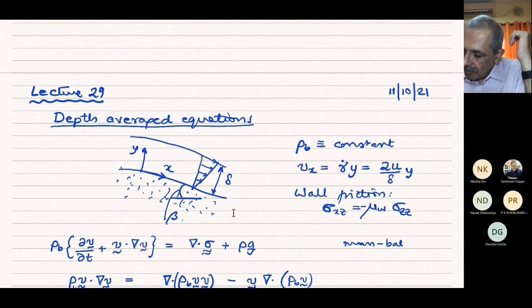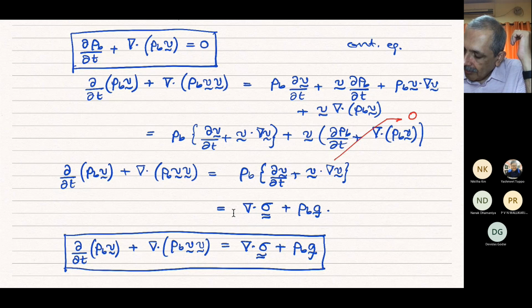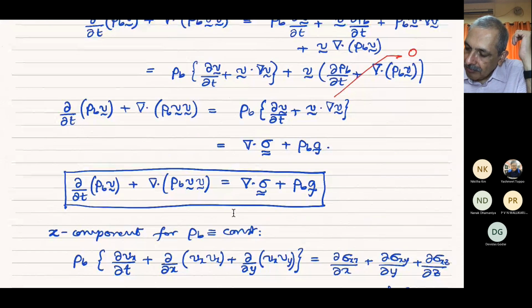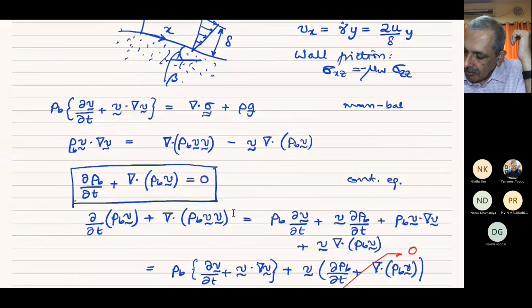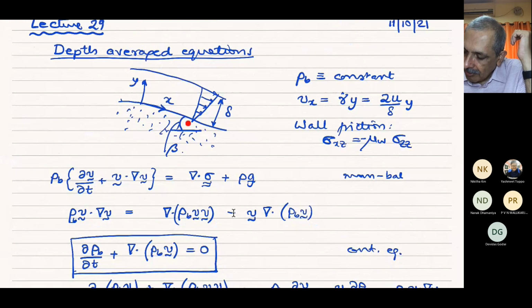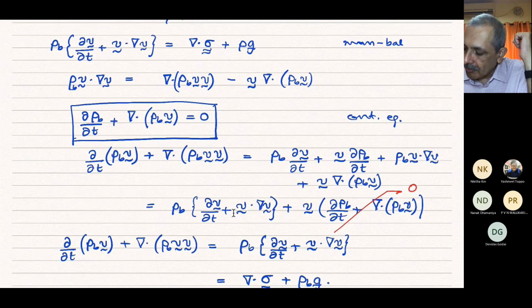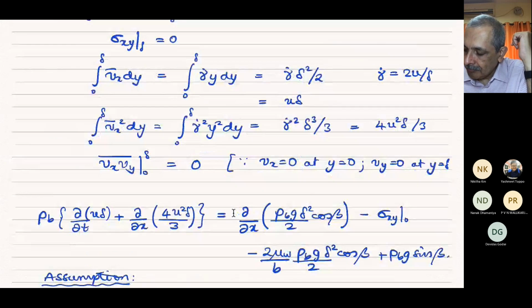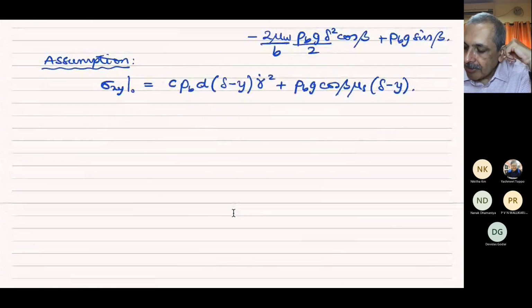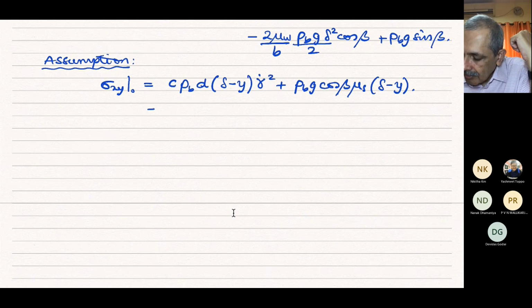Supposing you are coming from here, then the stress due to this velocity gradient is given by this. But supposing you were coming from the fixed bed, and you come over here, then you'll have another expression for the stress because there is no velocity gradient there. But then we must have a higher coefficient of friction.